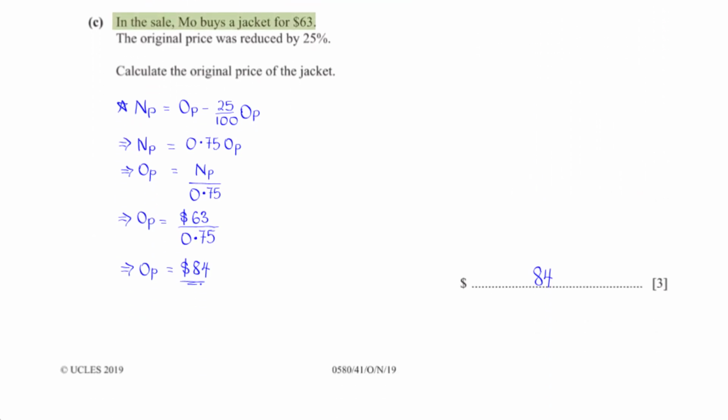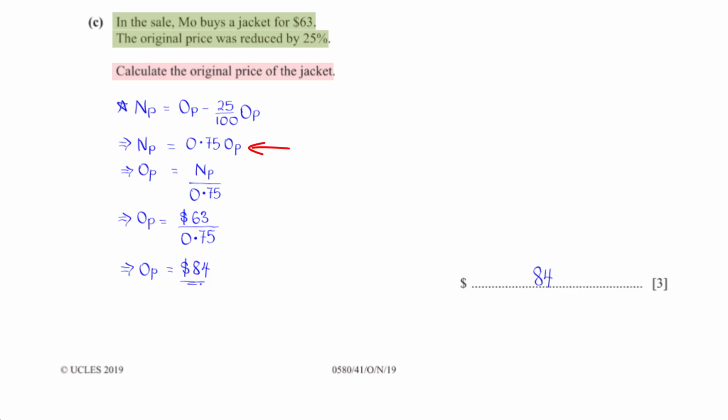In the sale, Mo buys a jacket for $63. The original price was reduced by 25%. Calculate the original price of the jacket. From the question, we've been told that the new price, or the sale price, of the jacket is 25% less than the original price. 1 minus 25 over 100 is 0.75.